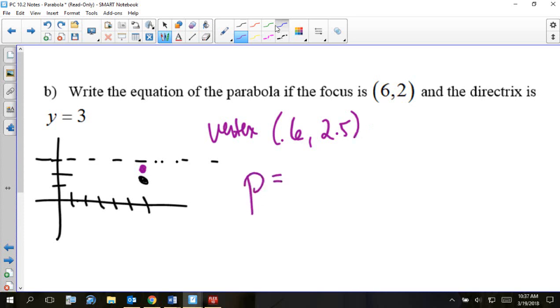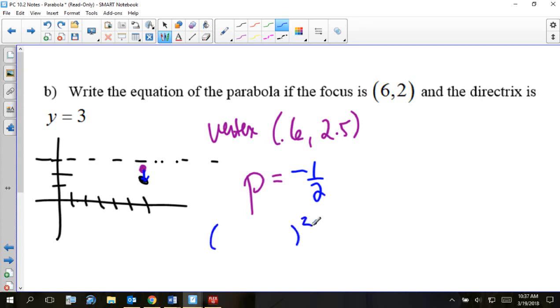My p-value starts at my vertex, goes to the focus. How far and what direction? 0.5 down. So what does down mean? I'm going to write -0.5. I'm going to take that information, put it into the equation.